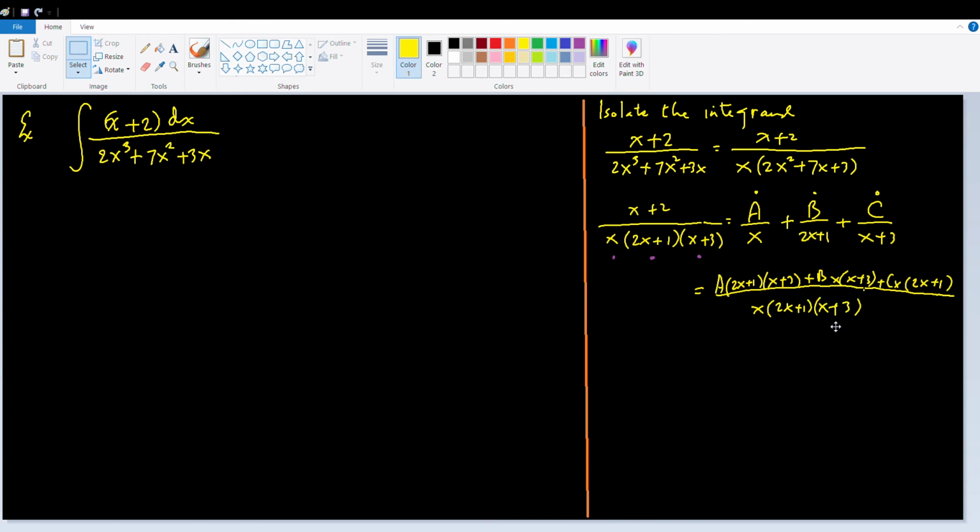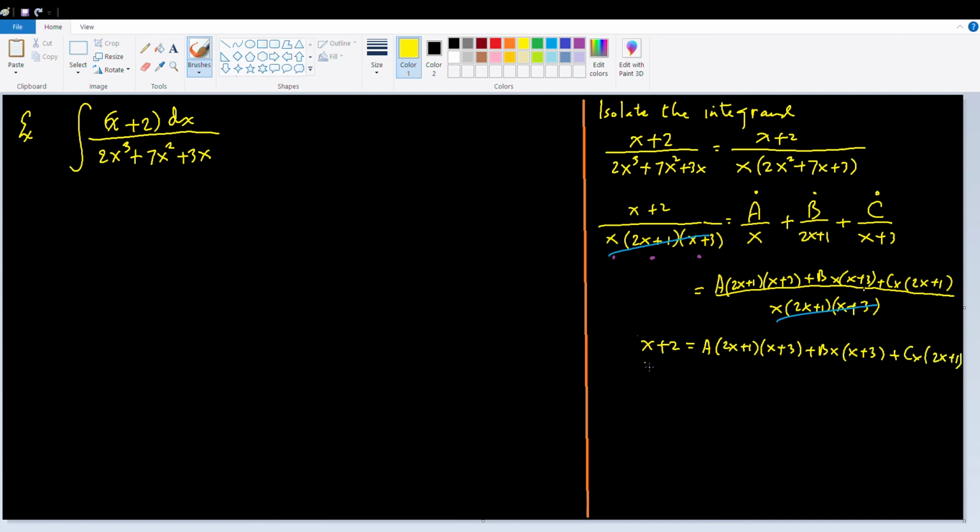So we can cancel the denominators. They are the same, so they are cancelable. What remains at the left side is x plus 2 equal to a times 2x plus 1 times x plus 3 plus bx times x plus 3 and cx times 2x plus 1.